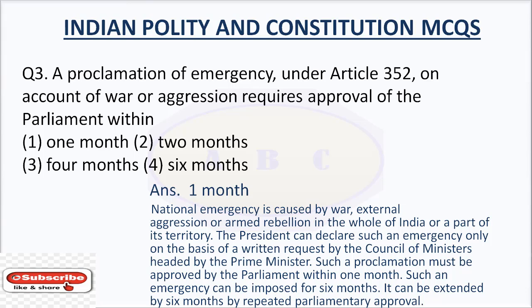Such a proclamation must be approved by the Parliament within 1 month. Such an emergency can be imposed for 6 months. It can be extended by 6 months by repeated parliamentary approval.